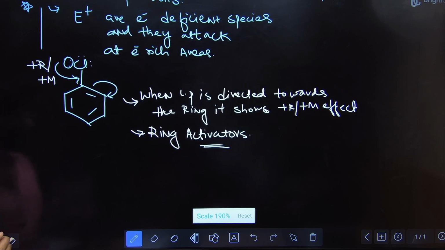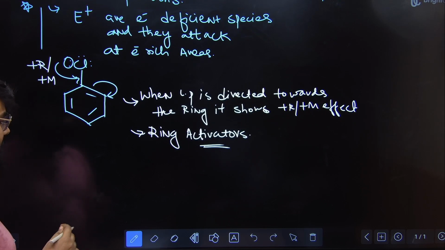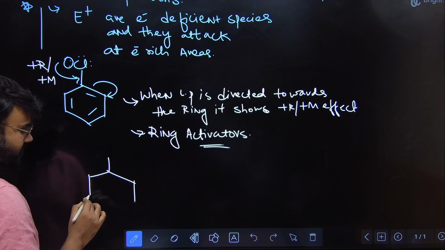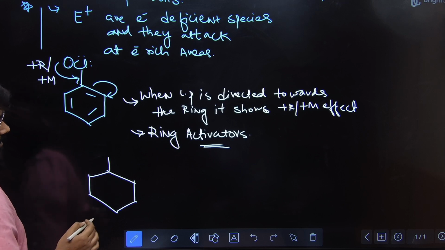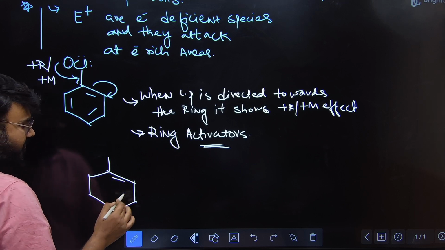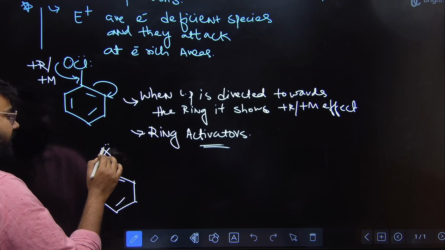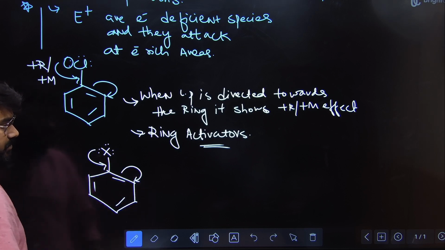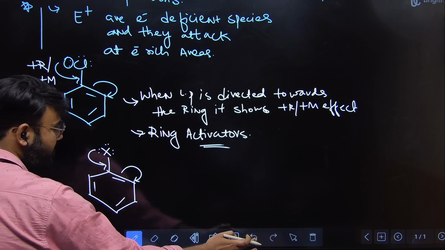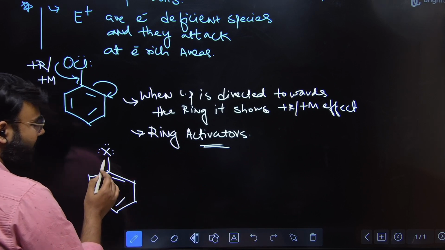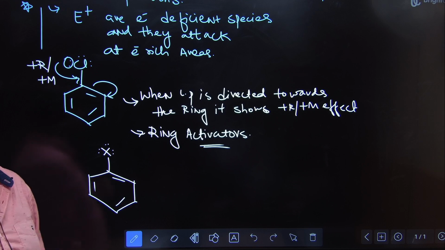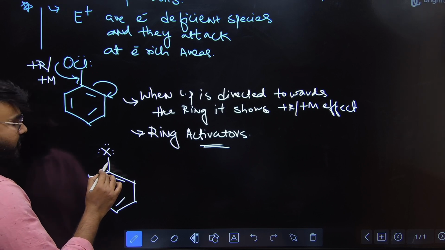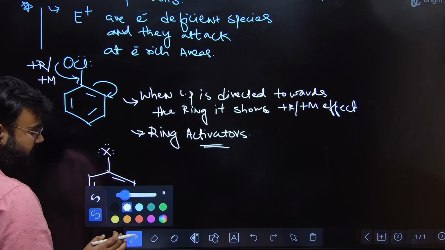Now there is a mystery here. Guys, carefully see this. One thing you people have seen is that there is a plus M effect. But at the same time, halogen is highly electronegative, so it is an electron withdrawing group.